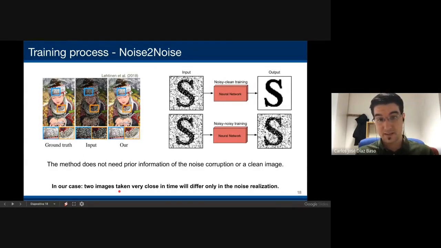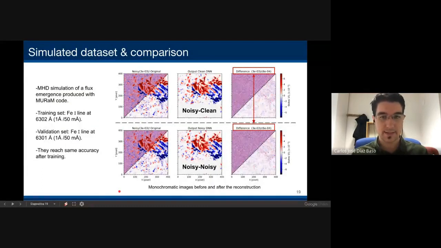To really test these methods, we created a synthetic dataset. So we synthesize spectral profiles from an MHD simulation in some spectral lines. What you see in those panels is that the first row is the training of the noisy-clean method, and the second row is the training of the noisy-noisy method.